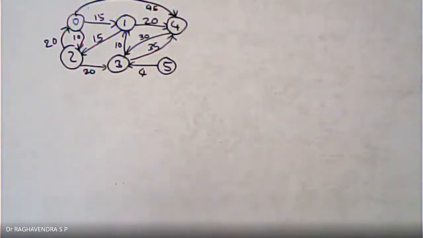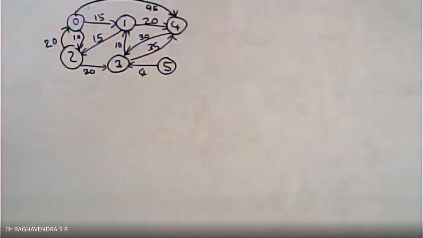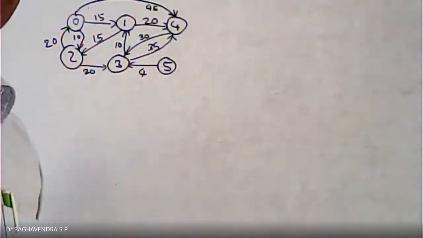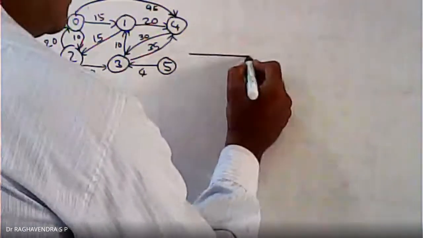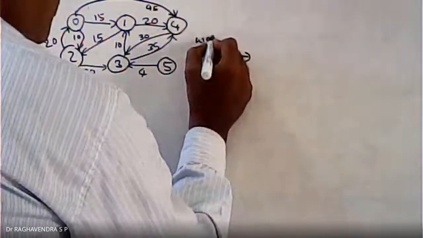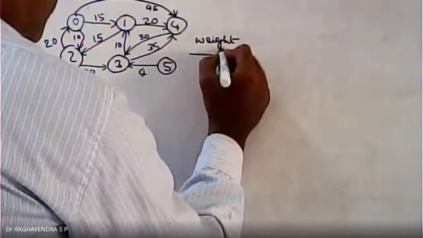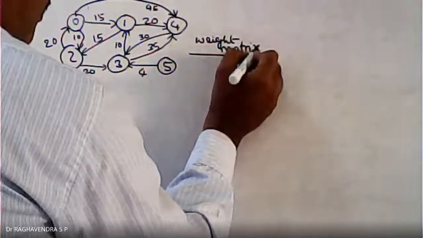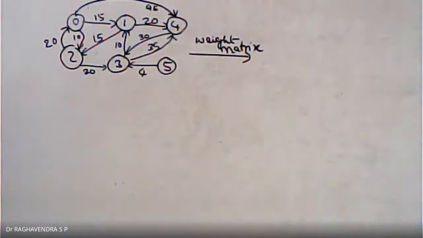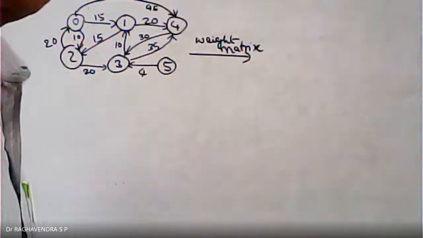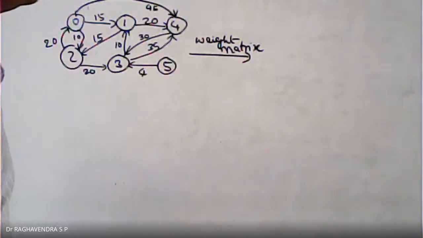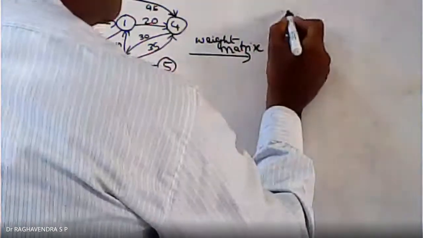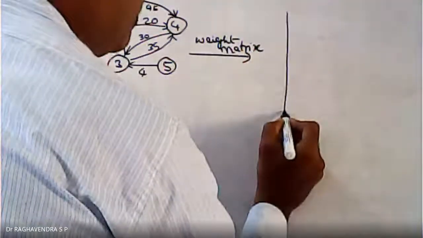There are 6 vertices. We have to generate a cost matrix or weight matrix or cost adjacency matrix. How many rows and columns does the matrix contain? 6x6. Very good, 6 rows, 6 columns. So I am going to generate that.